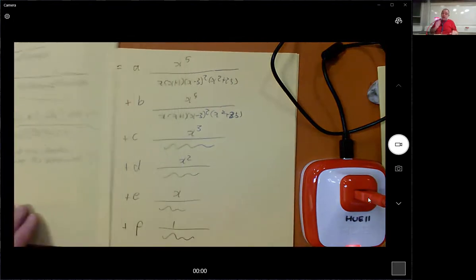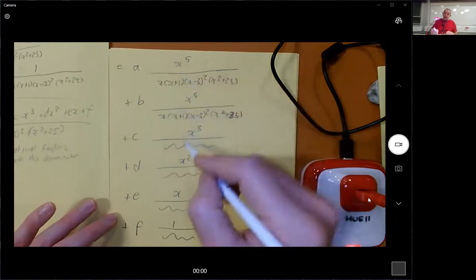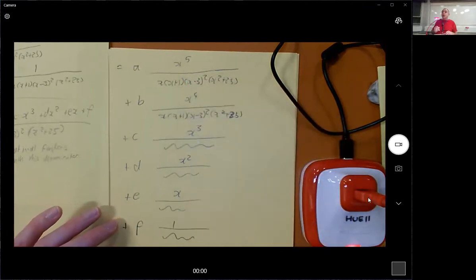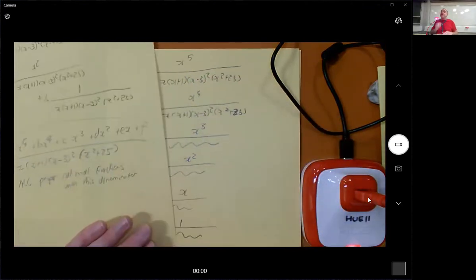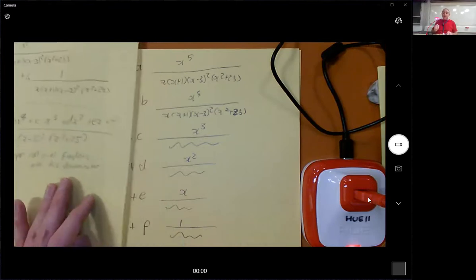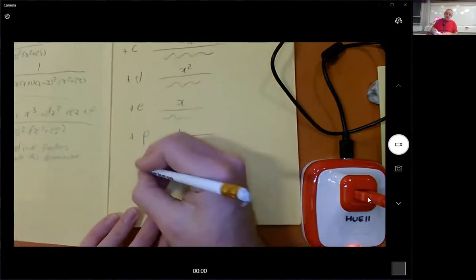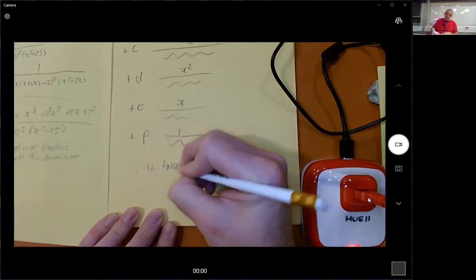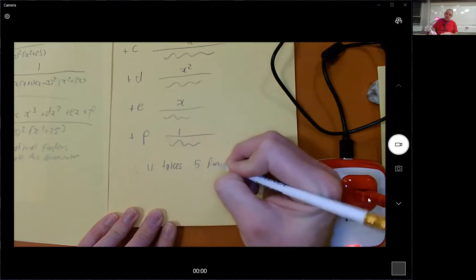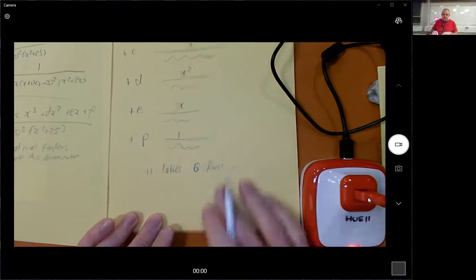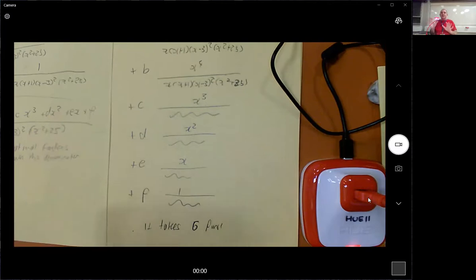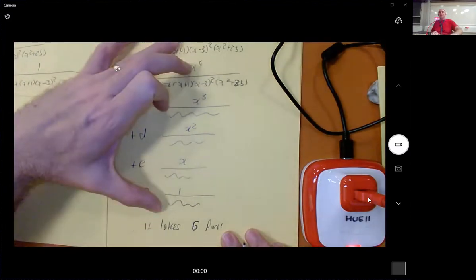And because I know that it takes 5 functions to do this job of producing all of these things, I'm going to need 5 functions to do it. But what I'd like to choose is a different 5 functions. So I know, therefore, it takes six functions, A, B, C, D, E, F, sorry, 6 functions. It takes 6 functions to do this job.